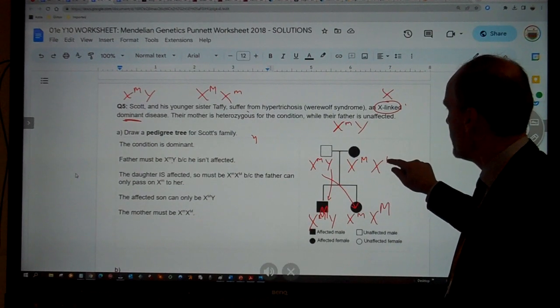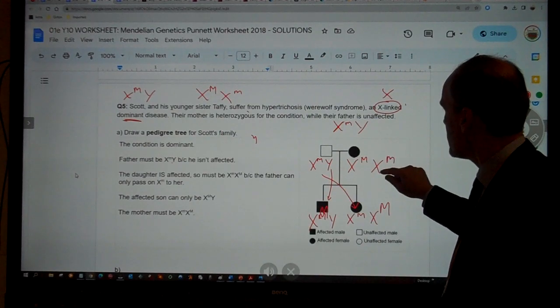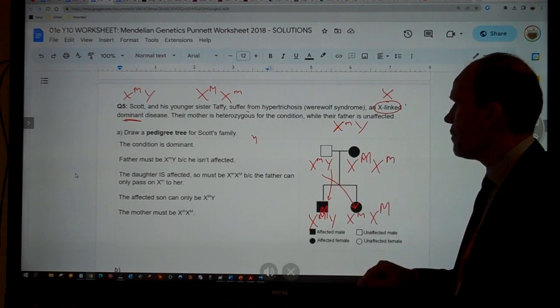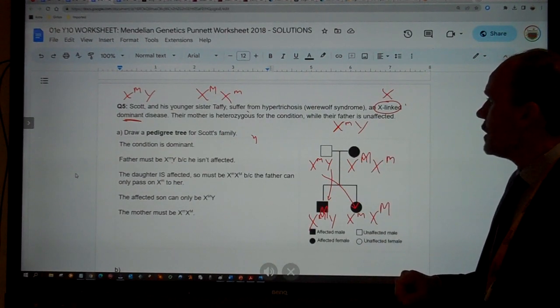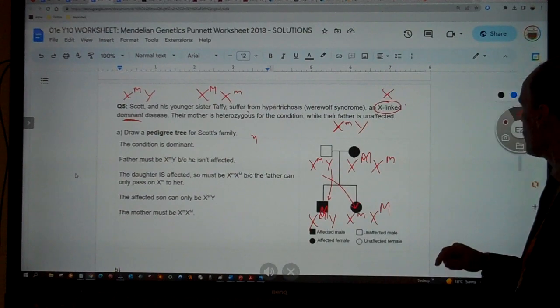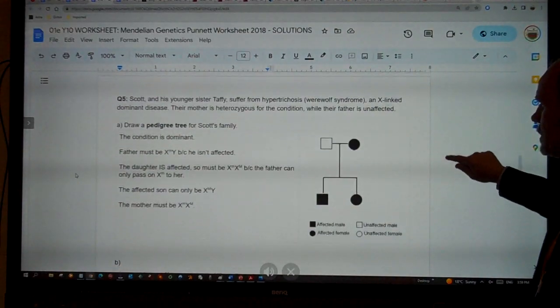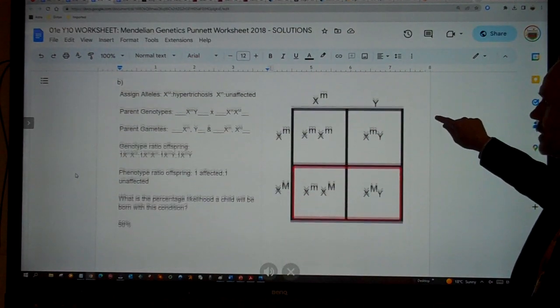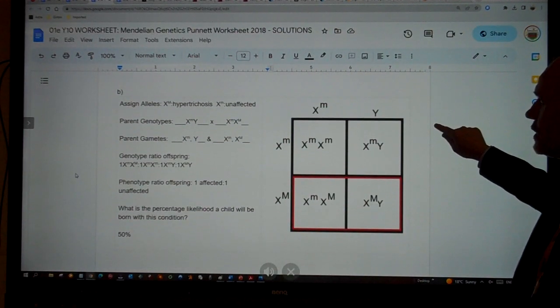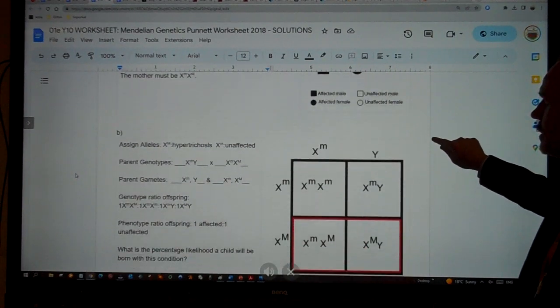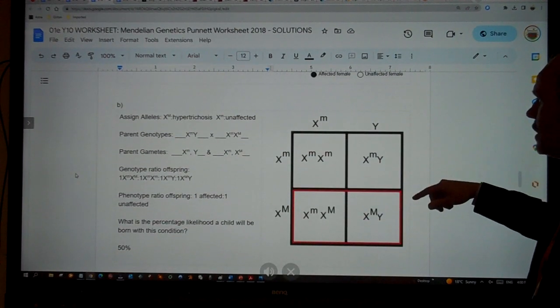Yes, okay. So the mother must have a big M, little m heterozygote condition, in order for that pedigree tree to work. Now, lastly, there are the alleles for this situation.